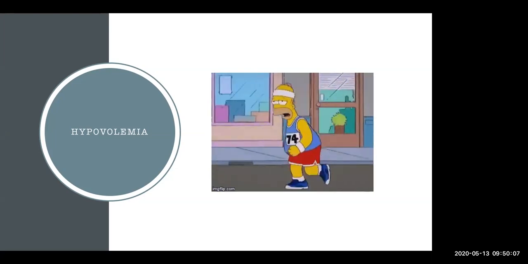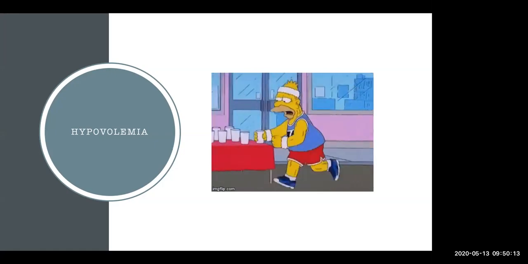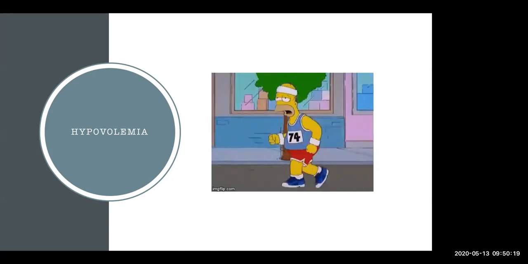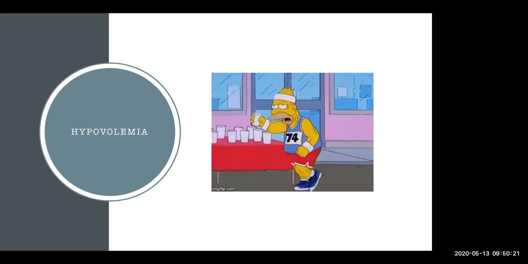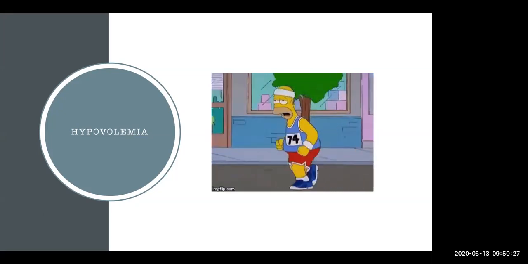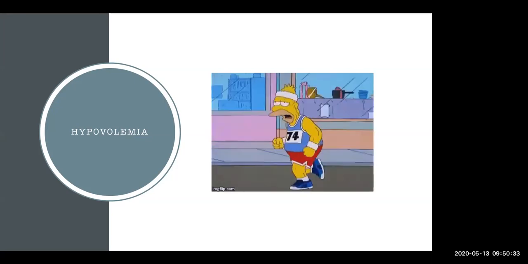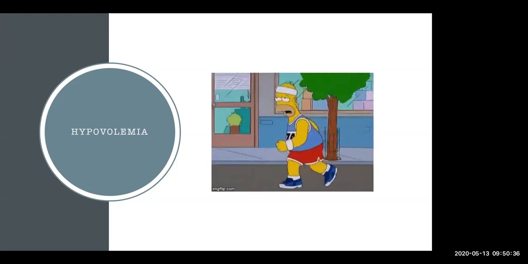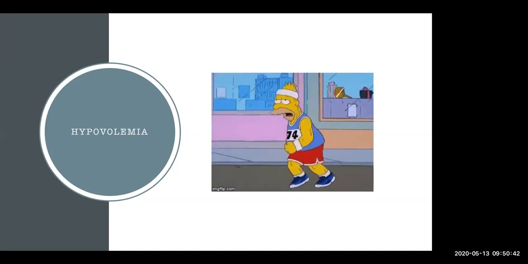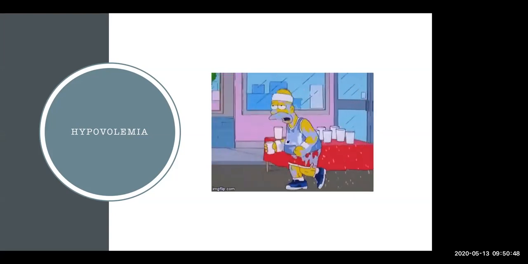Really what we want to do is replace the volume of fluid that's lost. So anytime someone is not able to access fluid, or they have some kind of condition where they are excessively losing fluid, whether that's bleeding, excessive urination, high use of diuretics, or someone who's on a bowel prep where we're making them lose a lot of fluid to prepare them for a procedure, we have to monitor them for hypovolemia, and of course replace that volume.